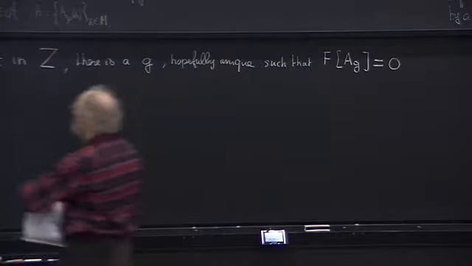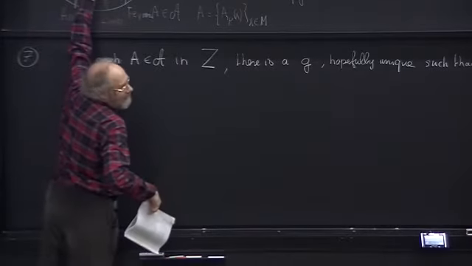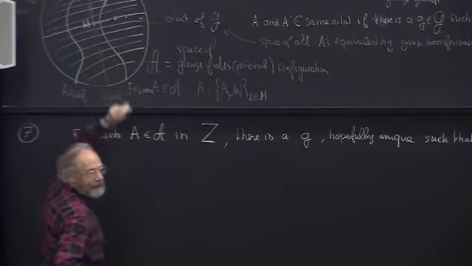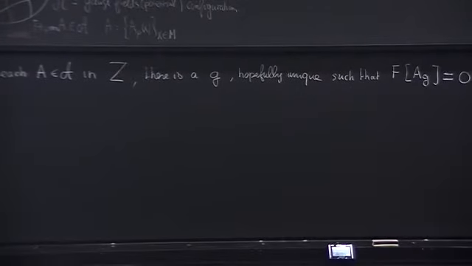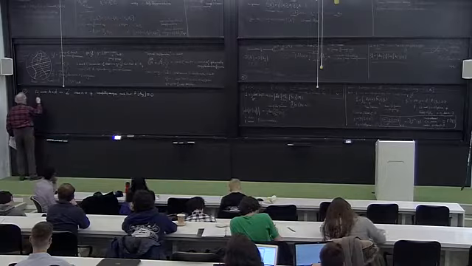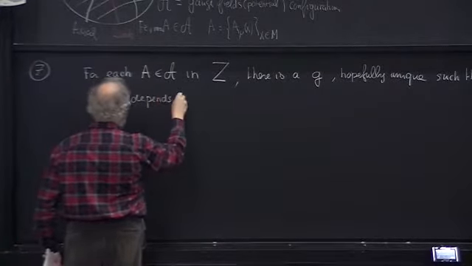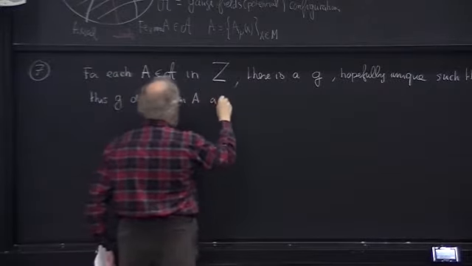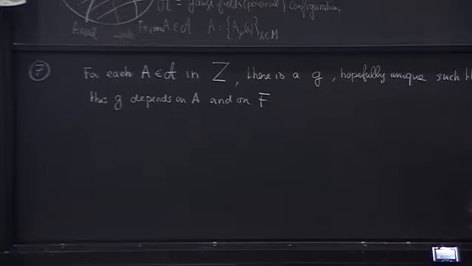I choose an A somewhere here. There is always a G so that I move A onto the gauge slice. You see? Of course, this G depends on A. This G depends on A and on F, the choice of gauge fixing condition.